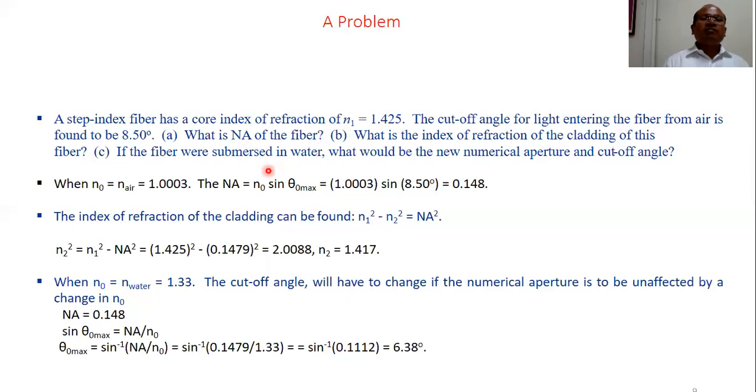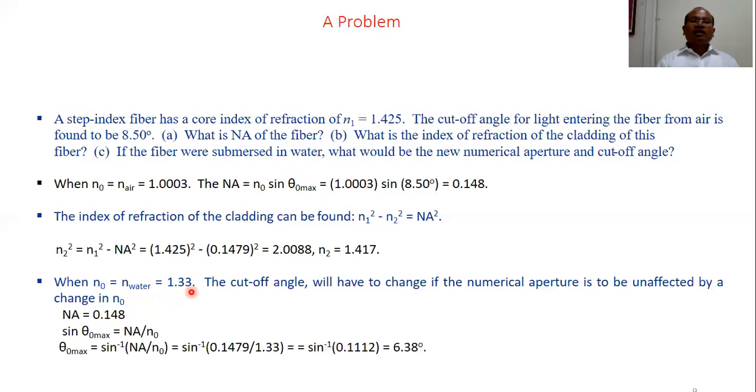Now what is the next problem? We have calculated the numerical aperture, and for that numerical aperture we have also calculated the refractive index of the cladding. Now if the fiber is submerged in water, what will happen? Light which was earlier entering from air to glass will now enter from water to glass, and therefore n0 here, n water, is 1.33, that is 4 over 3.